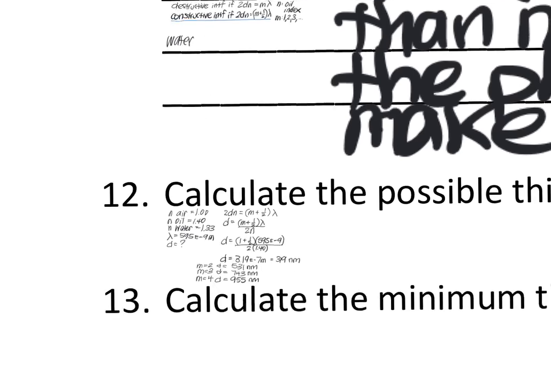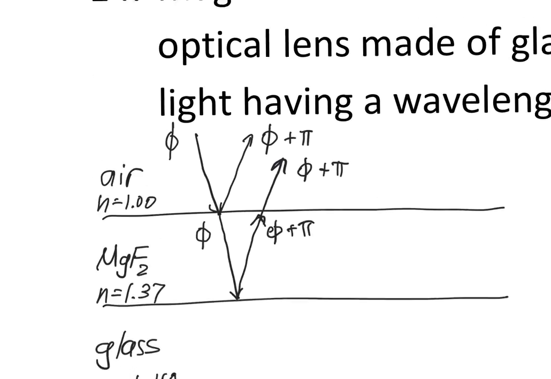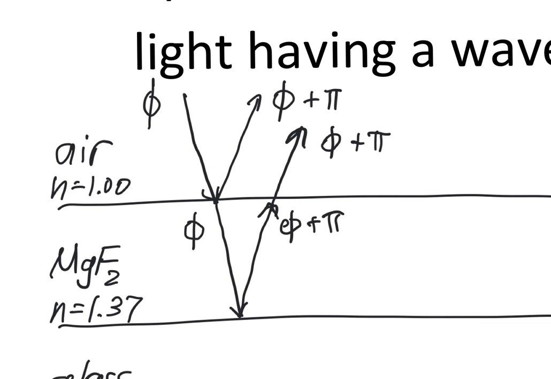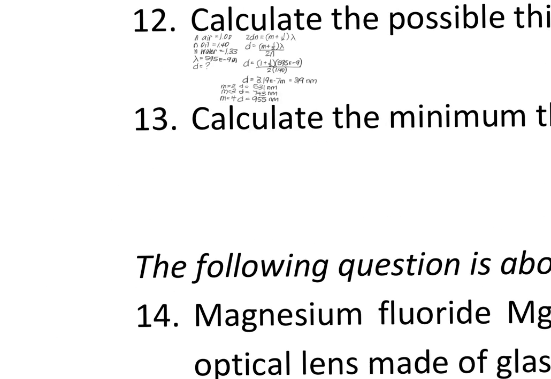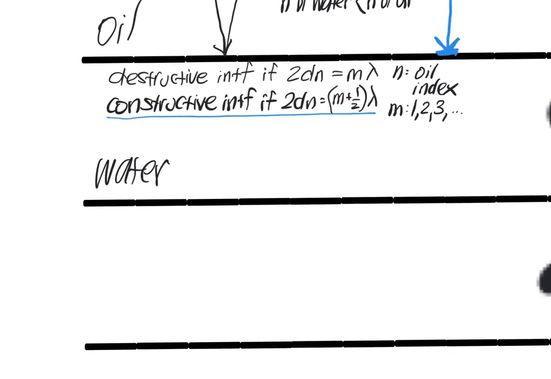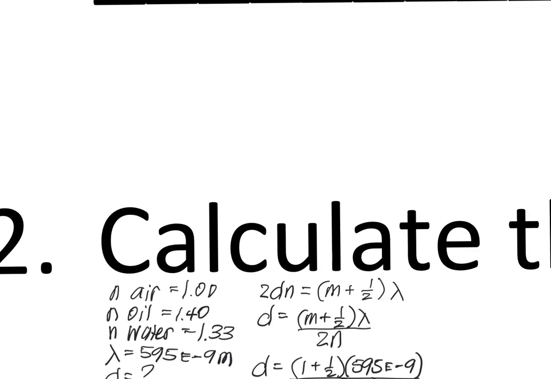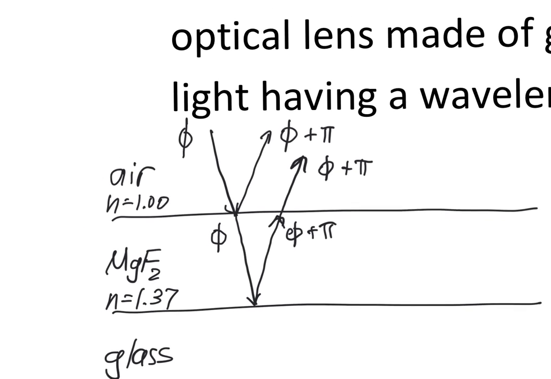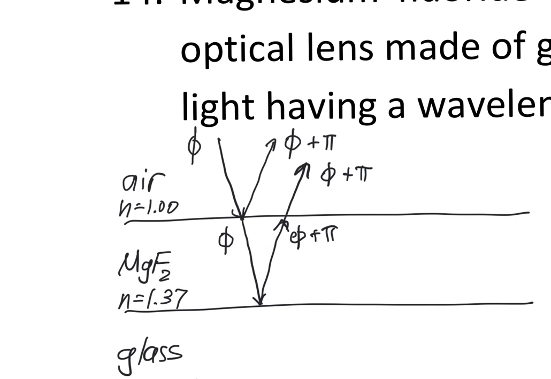Whereas down here, they have the same phase relationship. They're both phi plus pi. So using the relationships I said before, destructive interference if it's a whole number of waves, constructive interference if it's a half number of waves, but since the phase relationship is opposite down here, those two formulas flip.